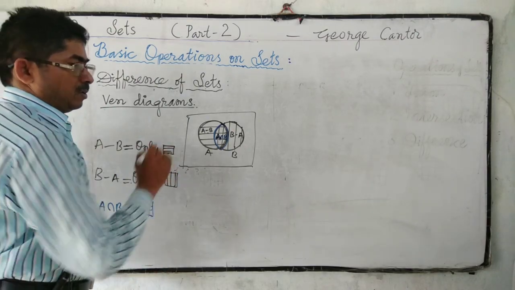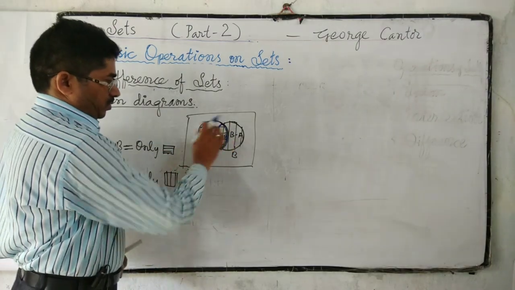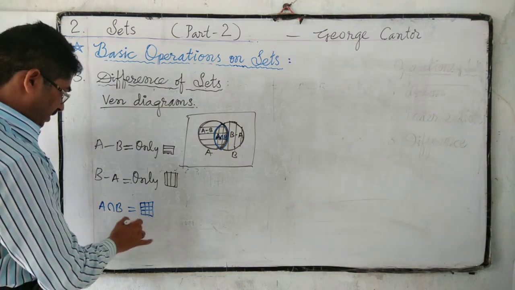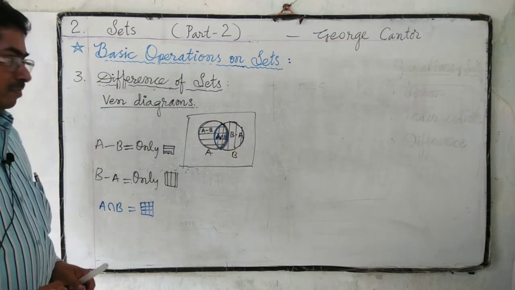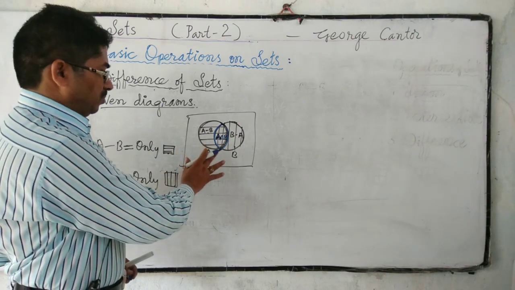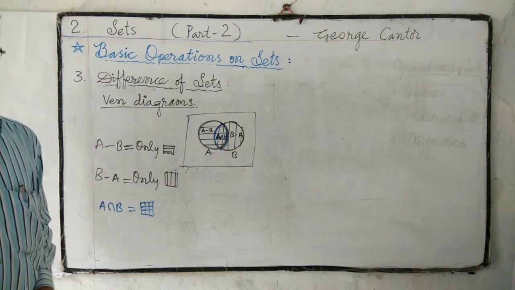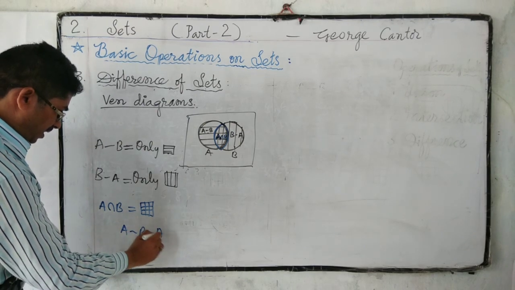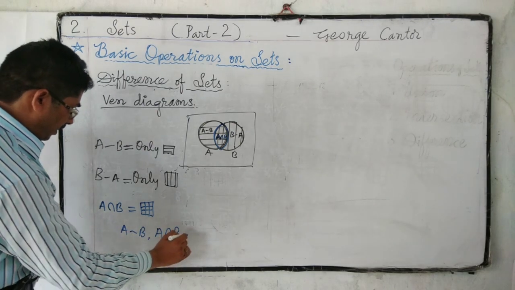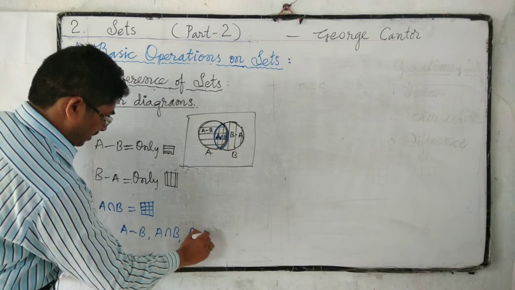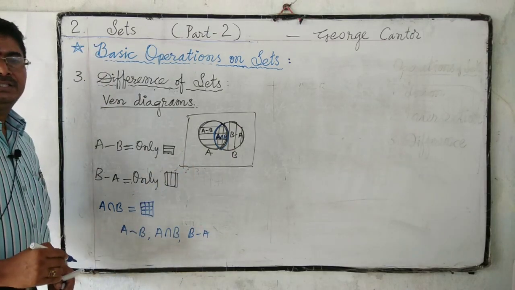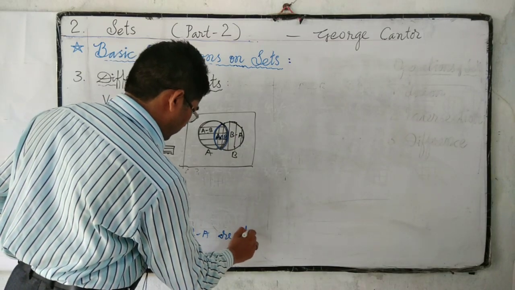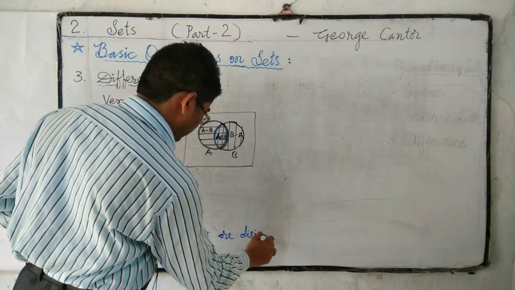The net shaped region is A intersection B. So we can say about these Venn diagrams, A minus B, A intersection B, and B minus A are disjoint sets.